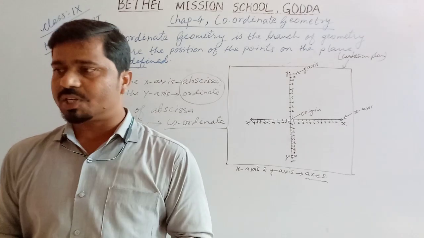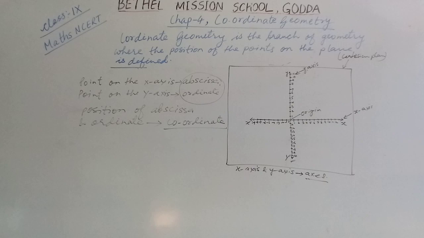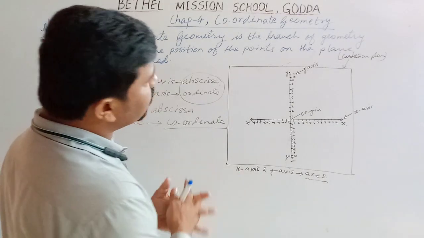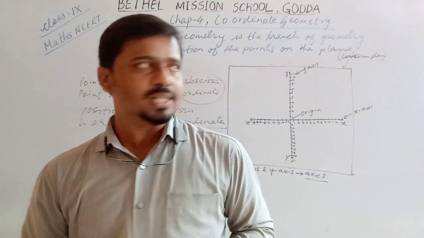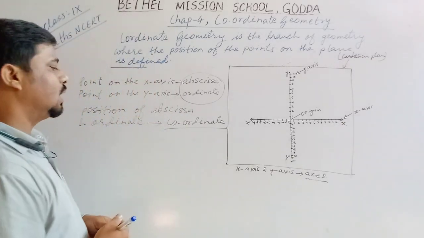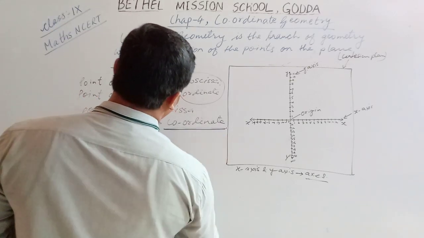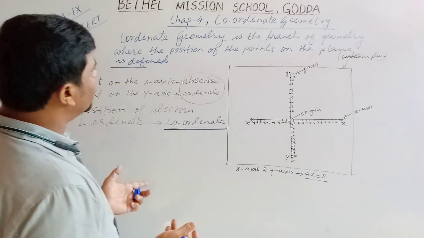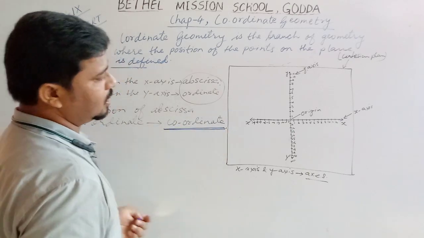The position of abscissa and ordinate is called a coordinate. We use coordinate geometry to find distance, and sometimes in trigonometry and in geometry also.